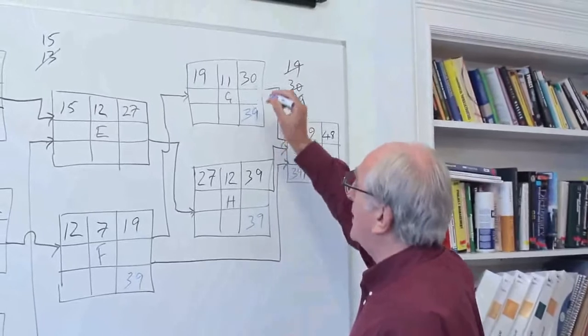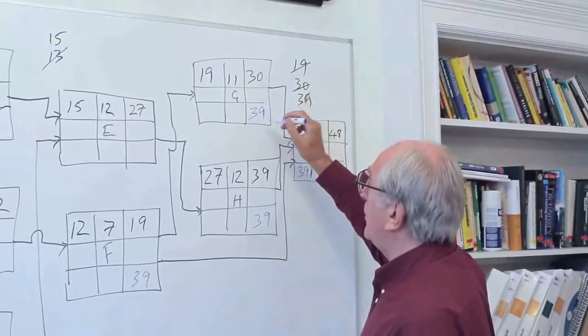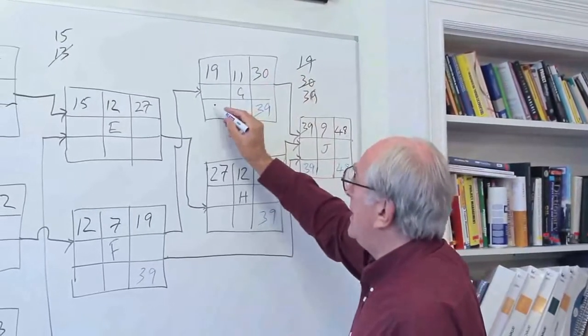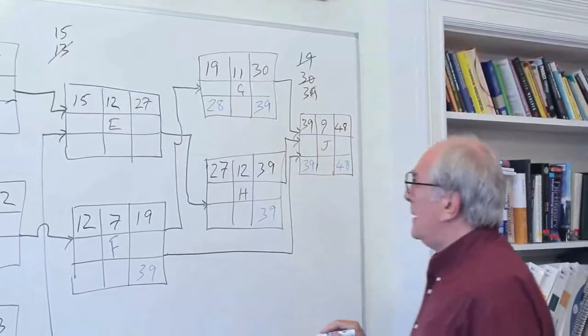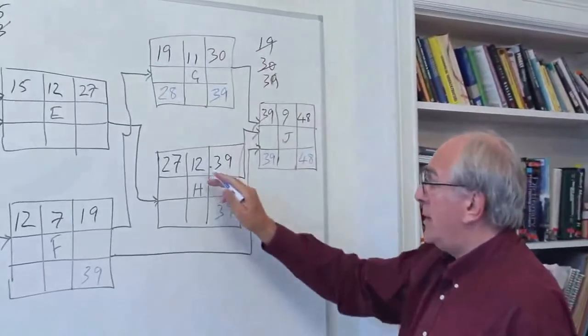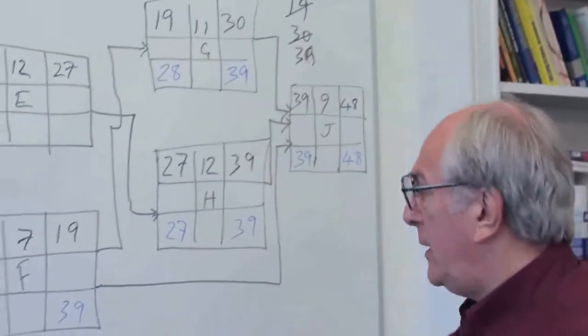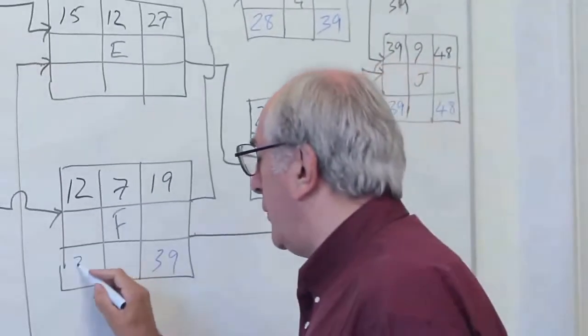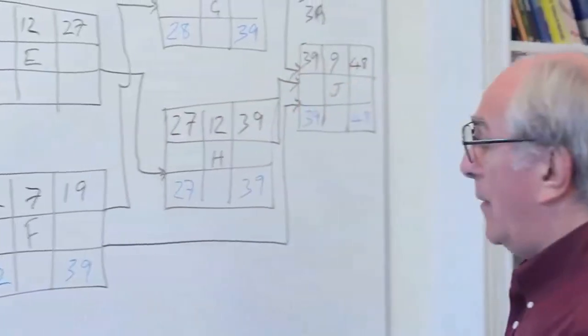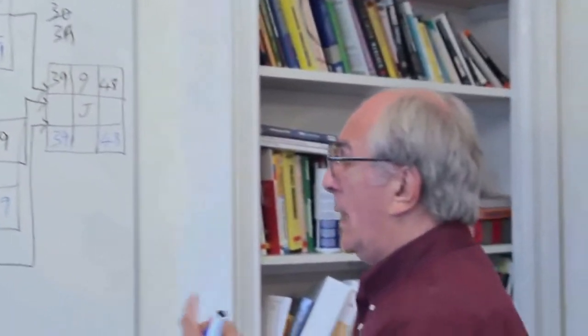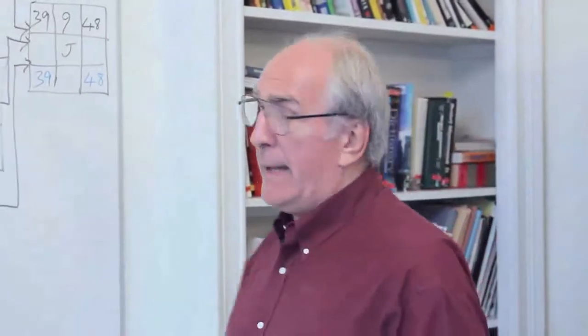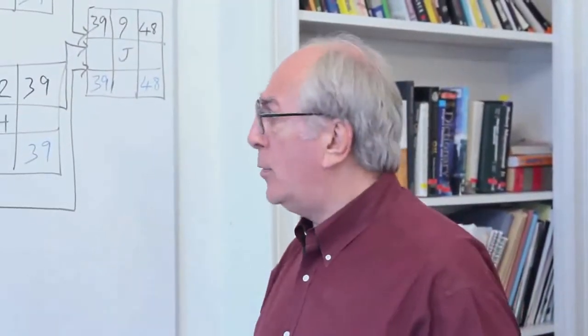So we can subtract the duration from 39, which is 39 minus 11, giving us 28. On H, we'd have 39 minus 12, which gives us 27. And on F, we'd have 39 minus 7, which will give us 32. So we have the late starts for activities F, G, and H in this backward pass.